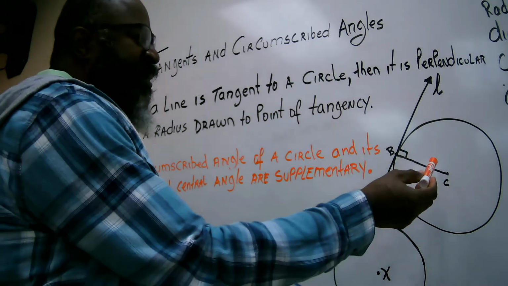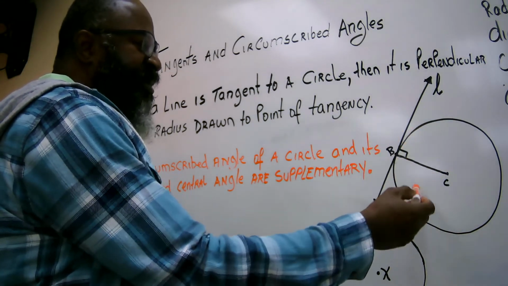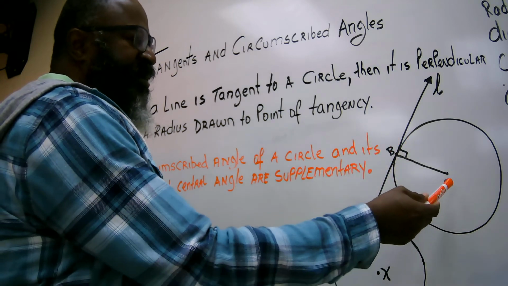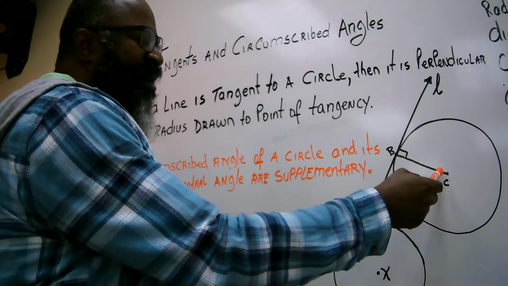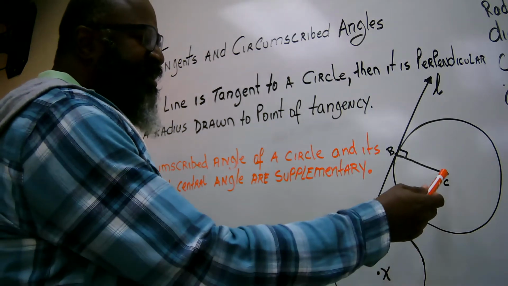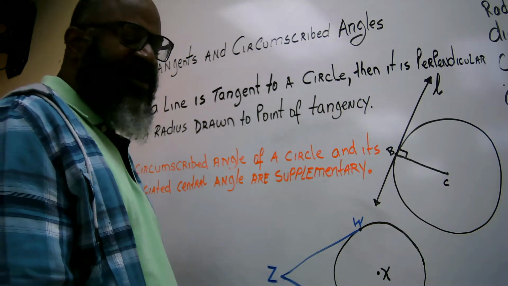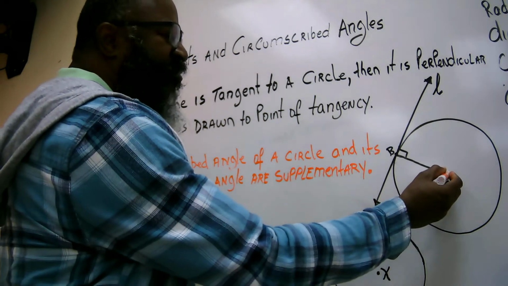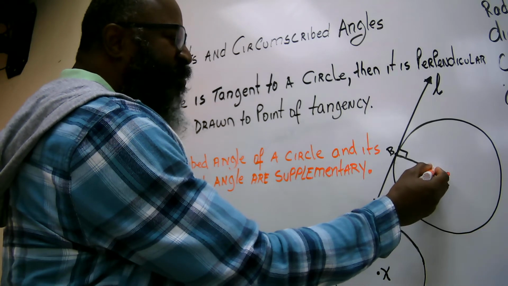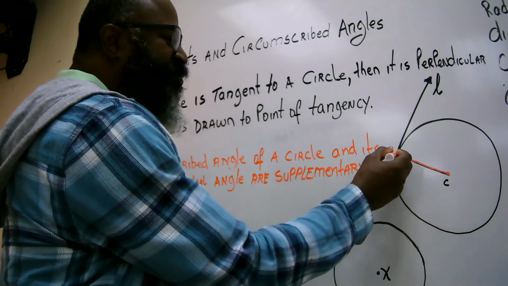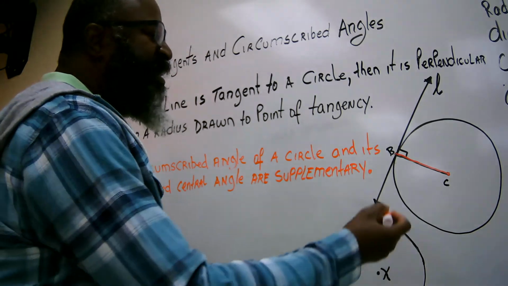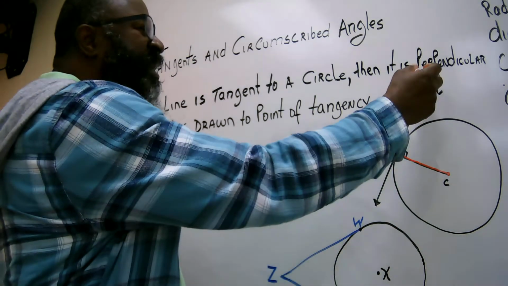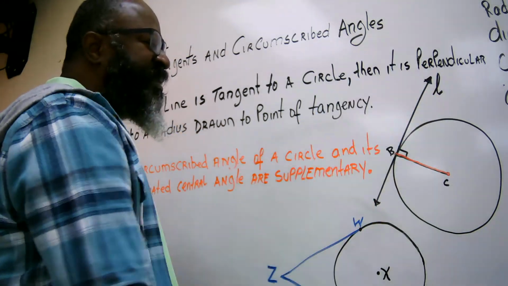Now we have this circle C. Any circle is named by its center, so we have circle C, whose center is C. If you take the center and connect it to the point of tangency, which is point B, then BC will always be perpendicular to the tangent line.